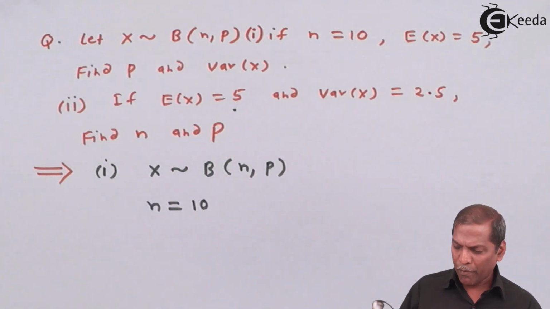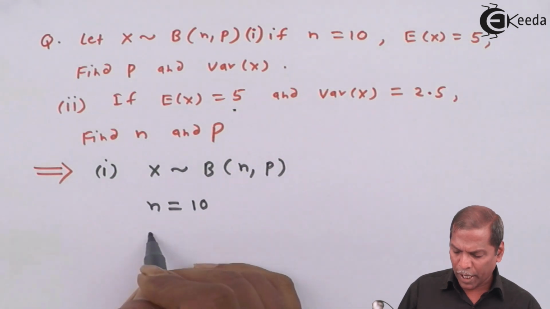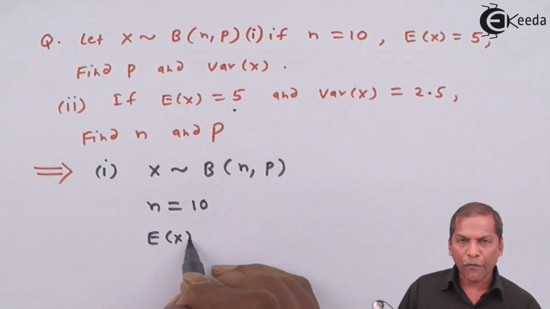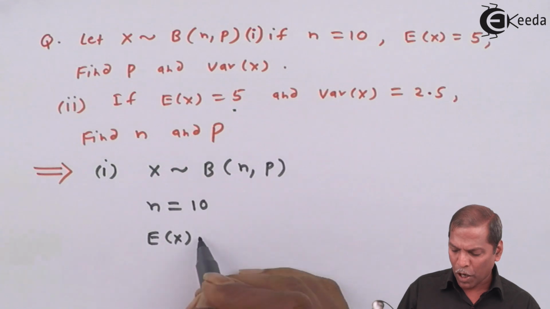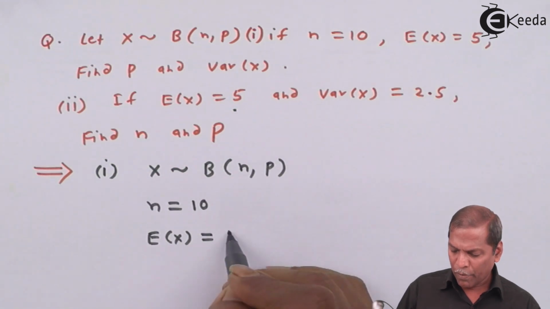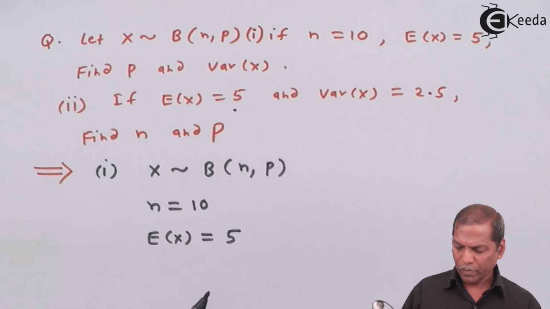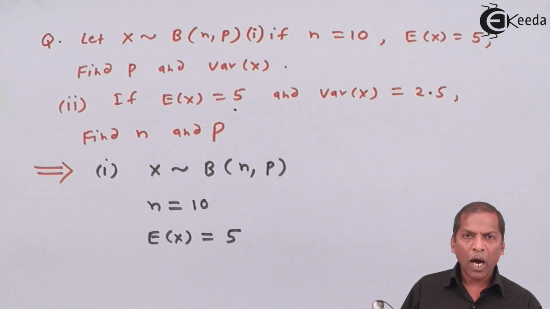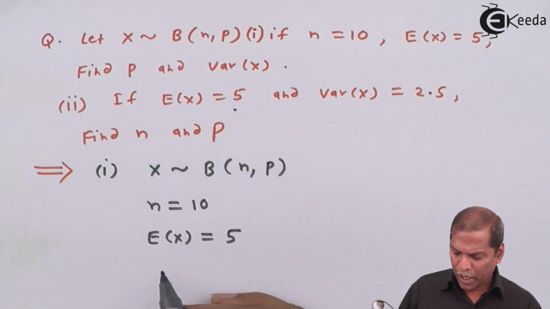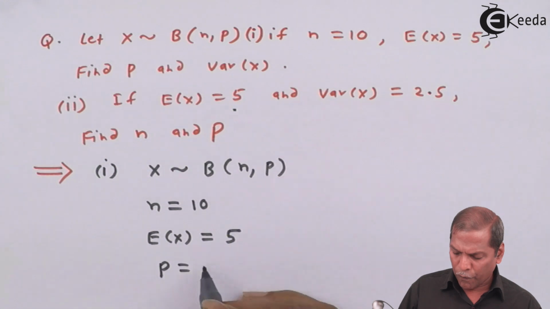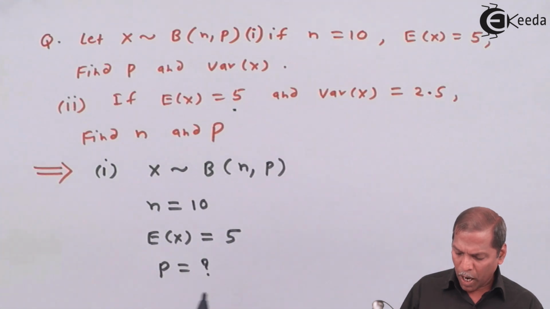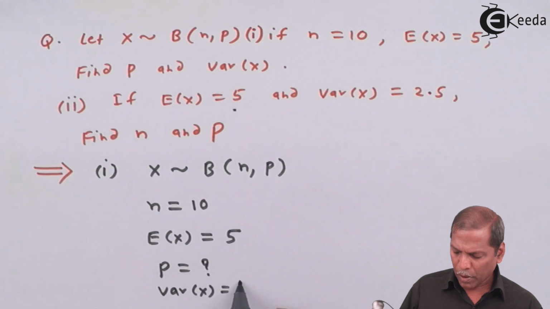At the same time, we are given that expected value of x, that is also called mean, is 5. And our aim is to find the value of p and variance of x.